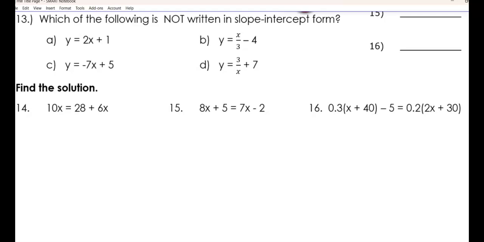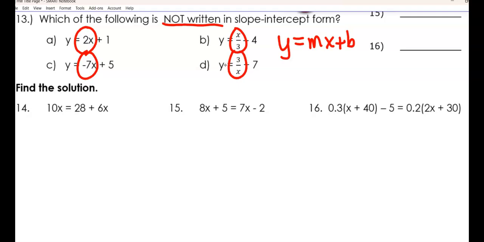Question number 13 asks you, which one of the following is not written in slope-intercept form? Well, in order to be written in slope-intercept form, your equation has to be isolated for y, which all 4 of these are. But look carefully at their x values.